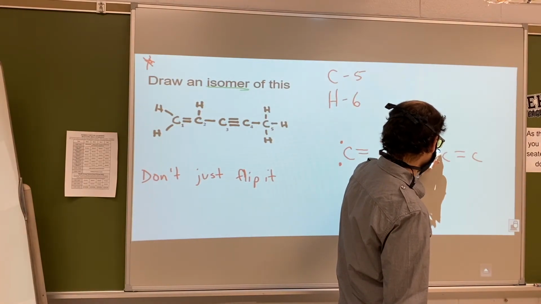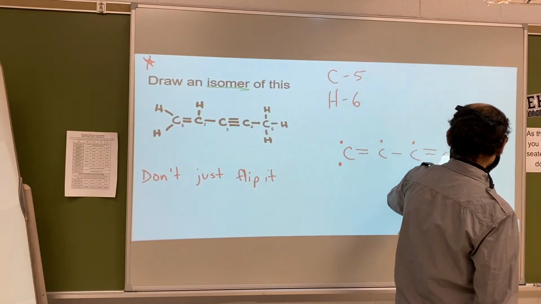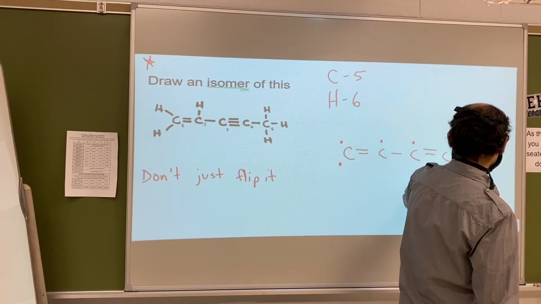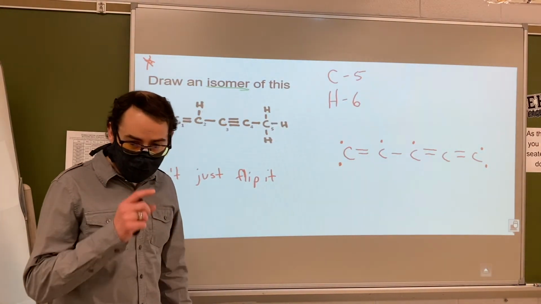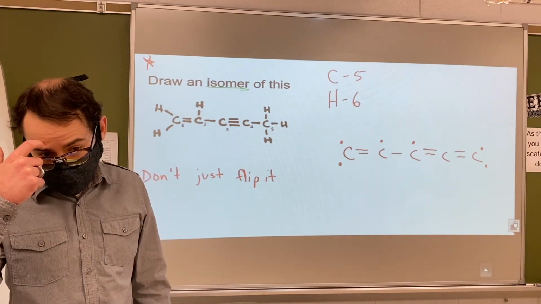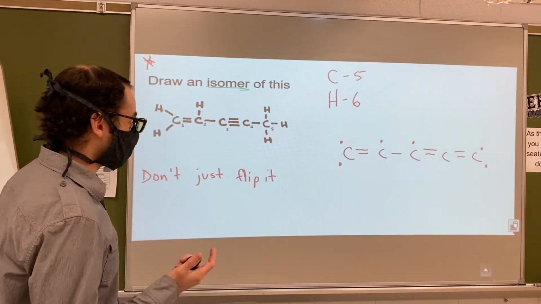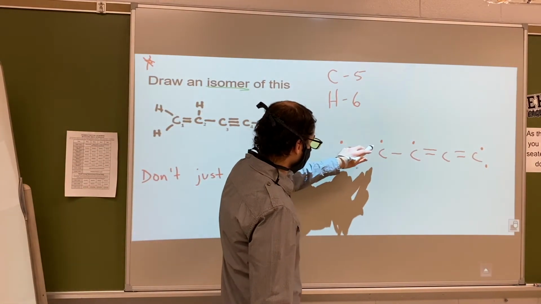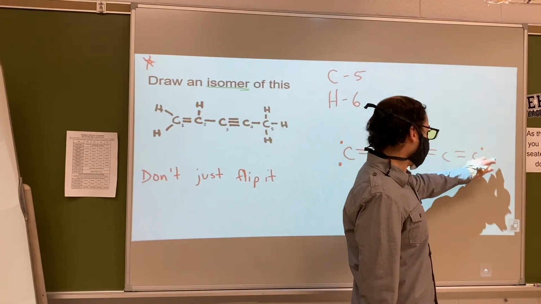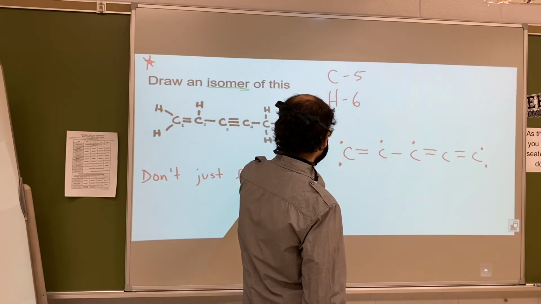Because it has 1, 2, 3, 4 things already connected to it, or 8 electrons. And then this last one has 2 here, so it still has 2 there as well. Now, hopefully when we do this, all the dots work out, meaning that we have 6 dots because we only have 6 hydrogens. And if we count them up, we have 1, 2, so that's good, 3, 4, 5, 6. So in this case, it would work out as making it an isomer.